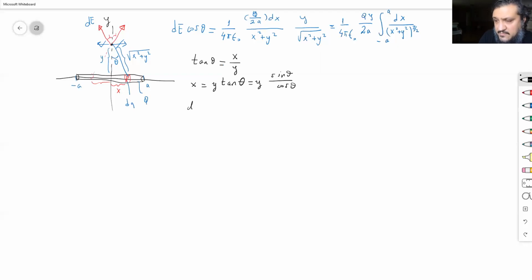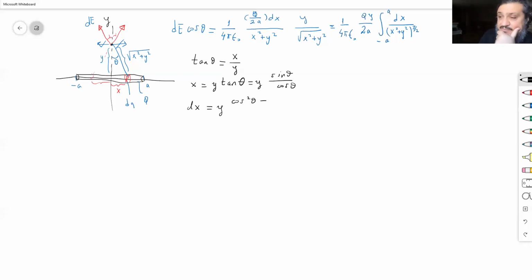So take the derivative of this, dx will be y, a constant, times derivative of sine, which is cosine. So cosine times cosine, cosine squared, minus sine times derivative of cosine, which is negative sine.